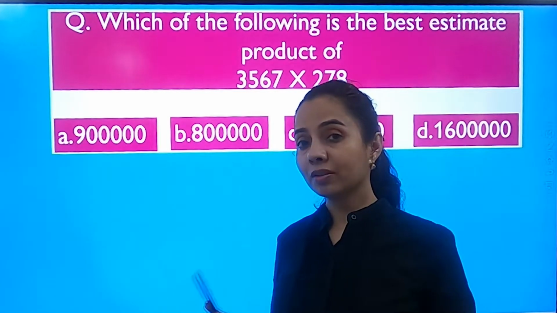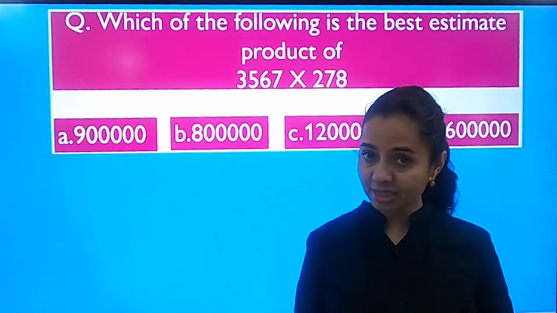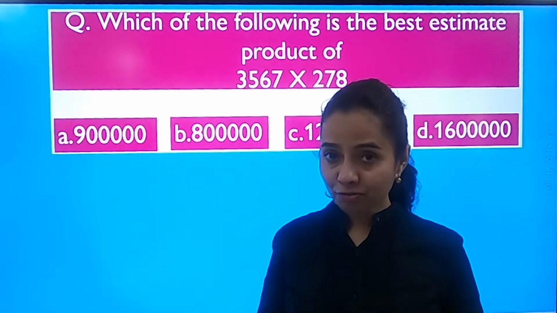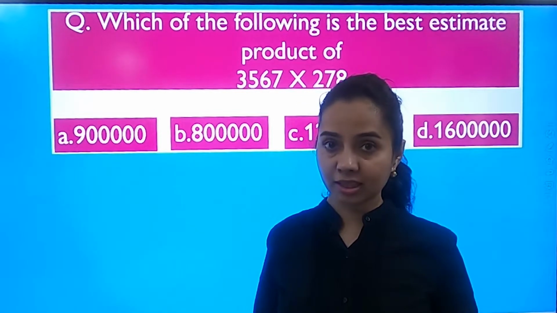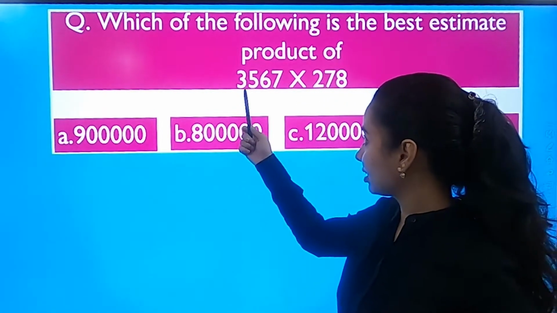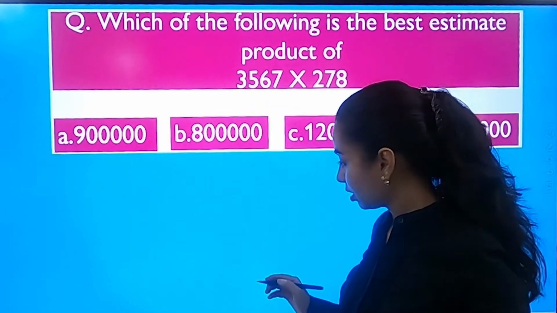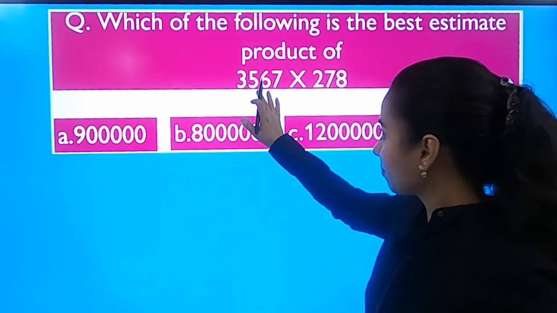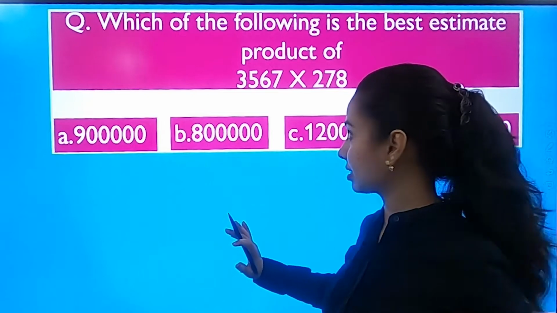So in that case, we will apply a general rule. And what is that general rule? The general rule says that we'll round off the number to the largest place value it has. So this is 3,567, the largest is 1000. So we will round off this number to nearest thousands place.